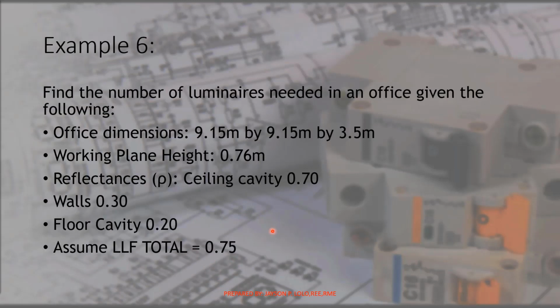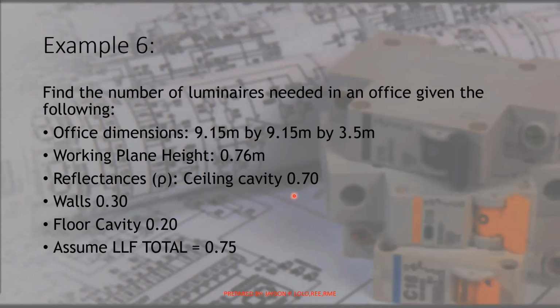Now we have example number 6. Find the number of luminaires needed in an office given the following. So you have the office dimensions 9.15 meters by 9.15 meters by 3.5 meters, which means length times width, this is a square, and the height is 3.5 meters. Then the working plane height is 0.76, this is the table height. Then we have the reflectance.